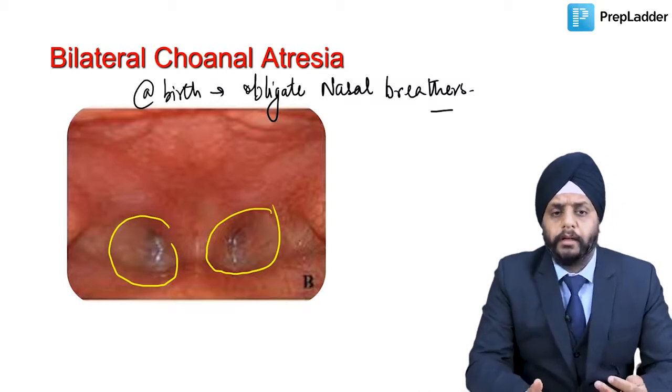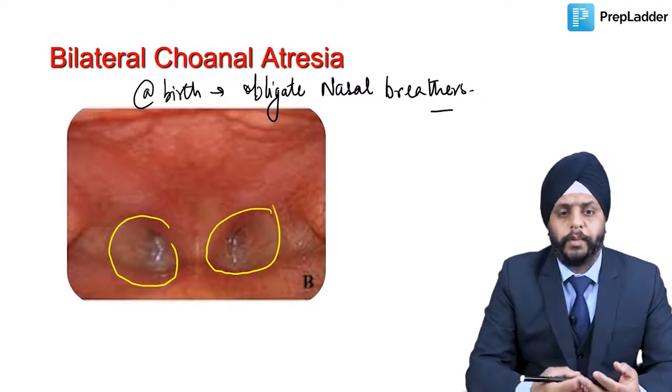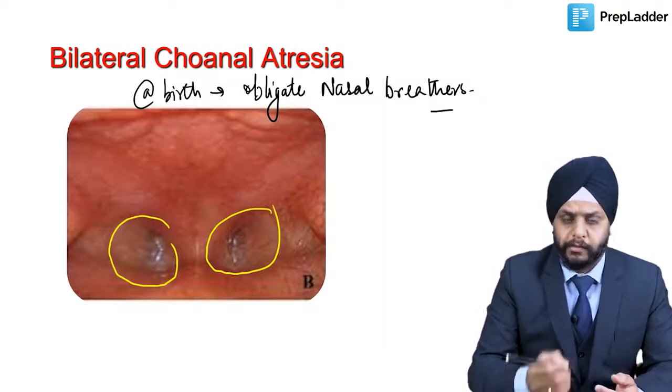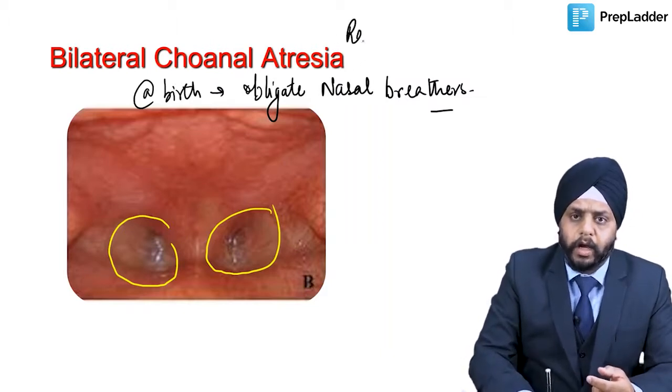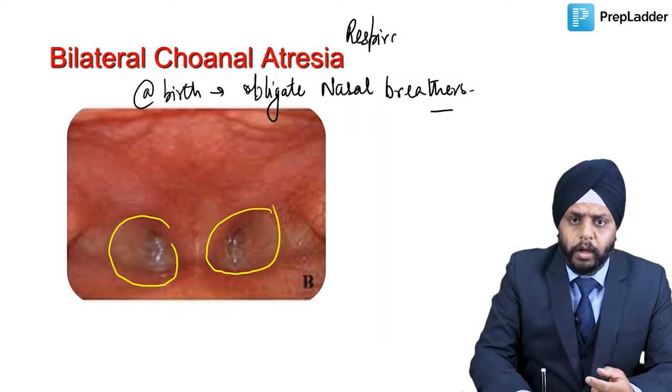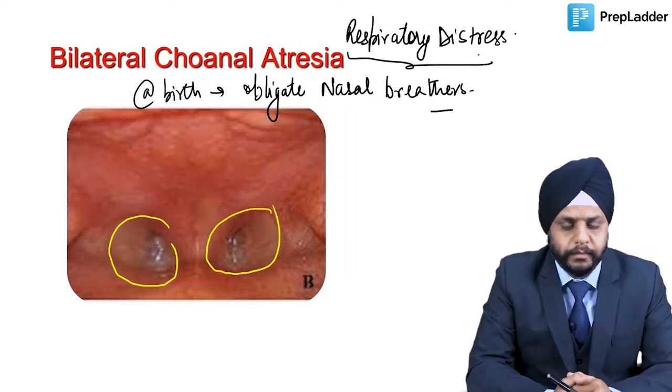So what will happen? The child will present with breathlessness and respiratory distress. As soon as the child is born, the child goes into respiratory distress, which is manifested by cyanosis, bluish coloration.